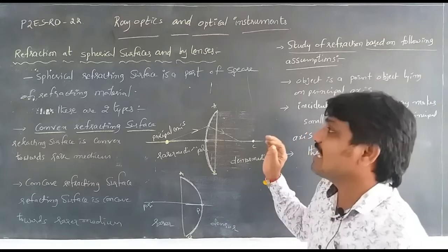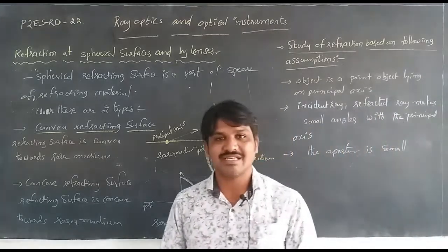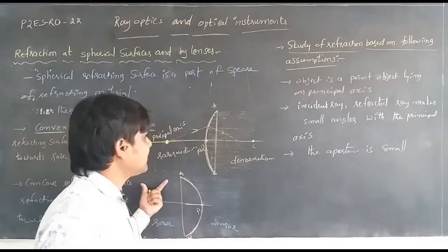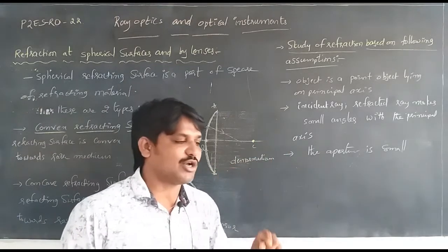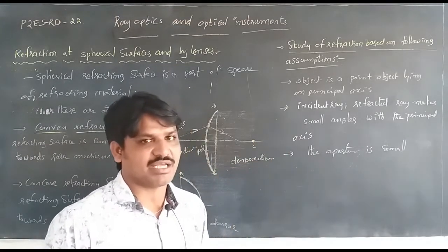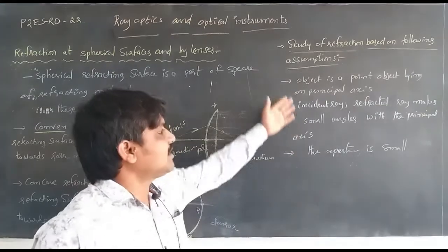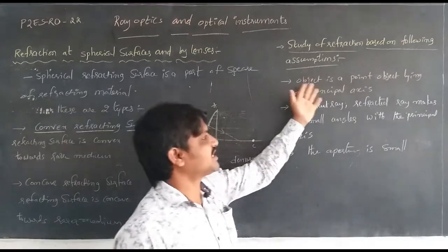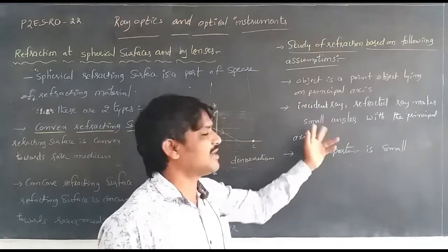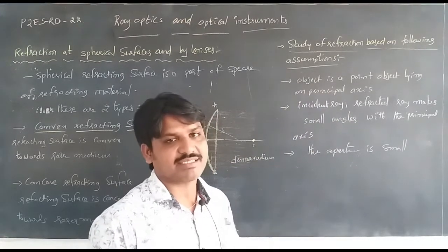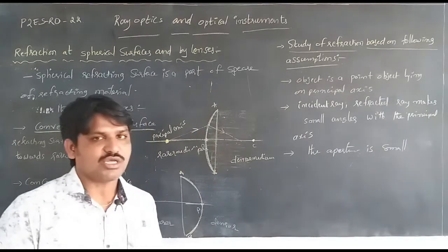This is about refraction at spherical surfaces, the types of refracting surfaces and the assumptions: the object is a point-sized object, the incident and refracted rays make small angles with the principal axis, and the aperture is small.